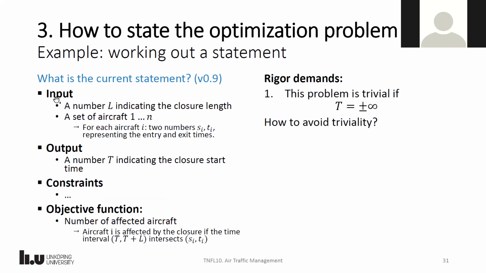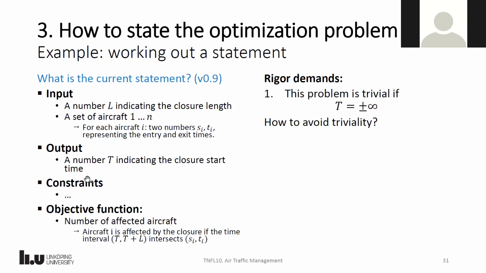We have the input that we had before, which is a number L indicating the closure length. And also we have new inputs. We have a set of aircraft that go from 1 to n. And for each aircraft, we have two numbers, which are the airspace entry time and the airspace exit time. Also, we have 2 times n new inputs.